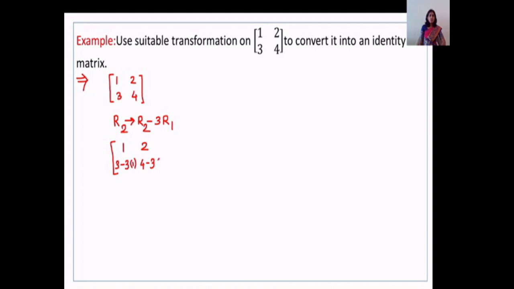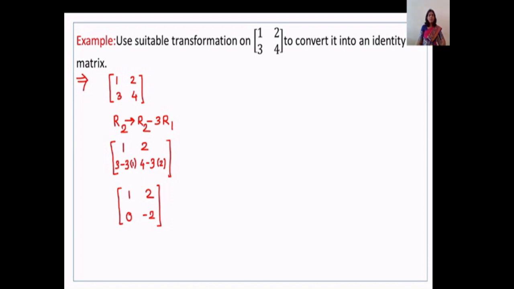R1 is 2. So what we will get here? 1, 2 as it is, 3 minus 3 is 0, and 4 minus 6 which is minus 2. So 1, 2, 0 and minus 2. This is our first transformation, that we make this 0.